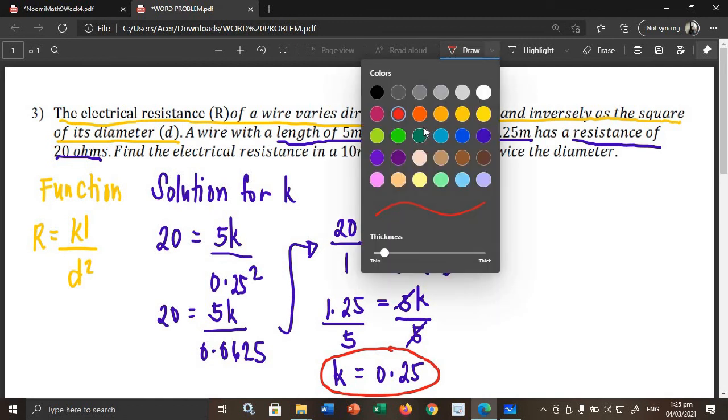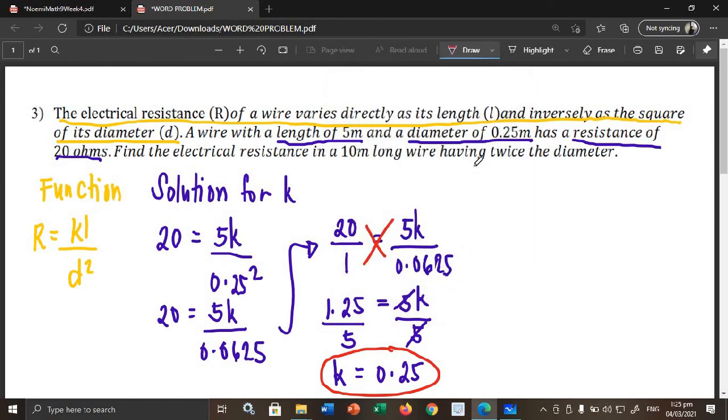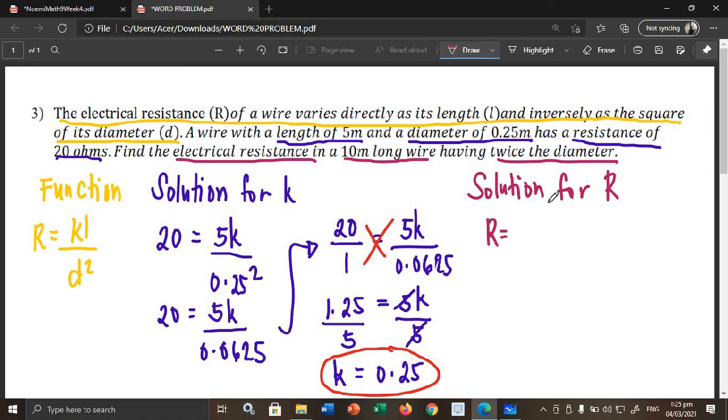Now that we already have the value of the constant of variation, we can now compute for the resistance of a 10-meter long wire having twice its diameter. So the solution for R, because what is missing is the resistance. So, R is equal to, our K is 0.25. So, I wrote 0.25 here. Our length, the second given length, is 10 meters.